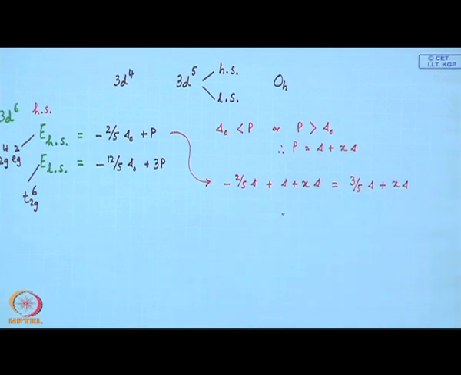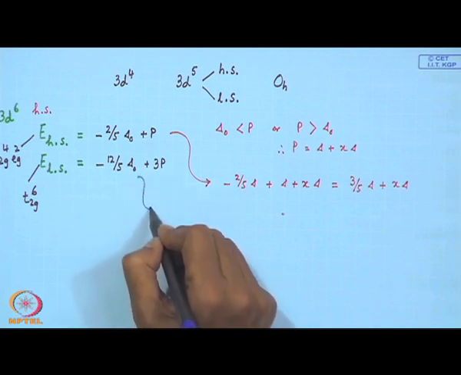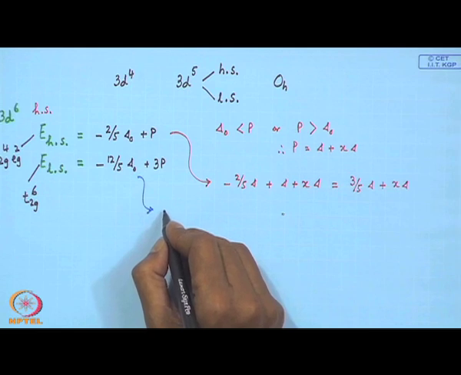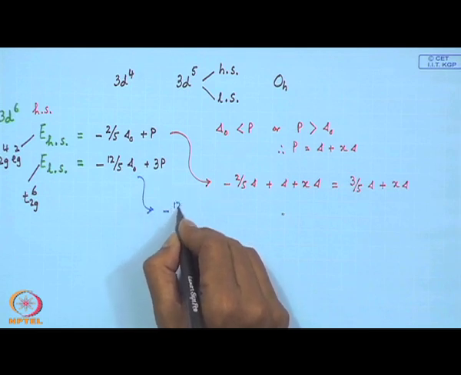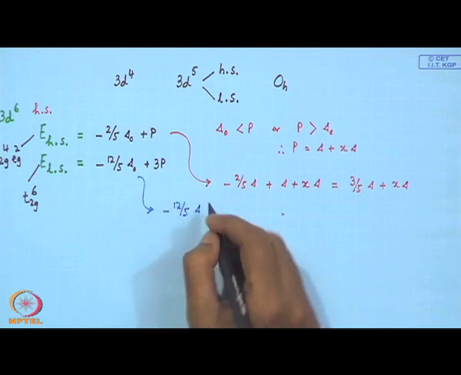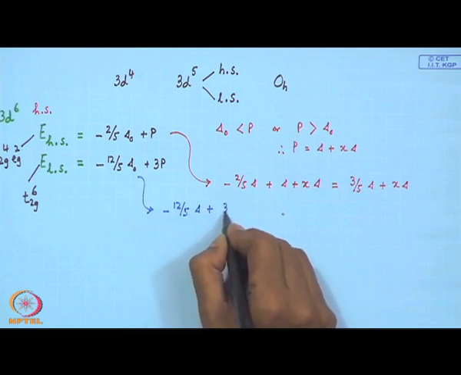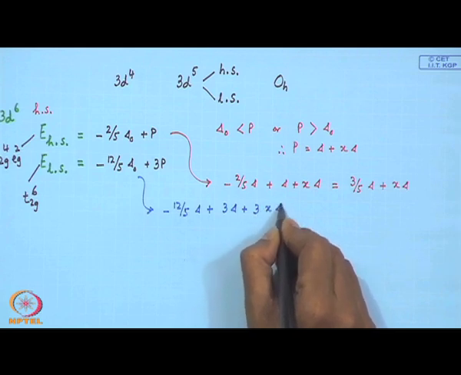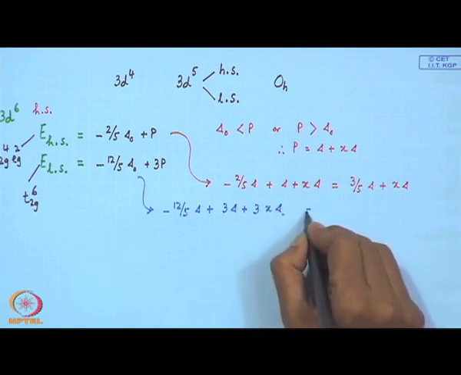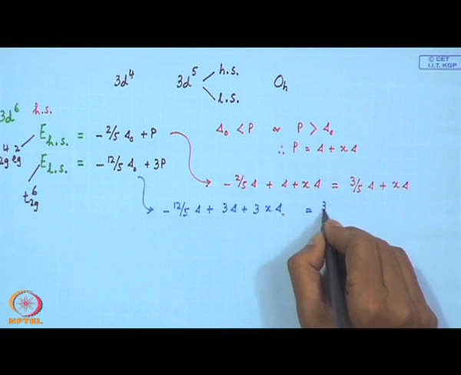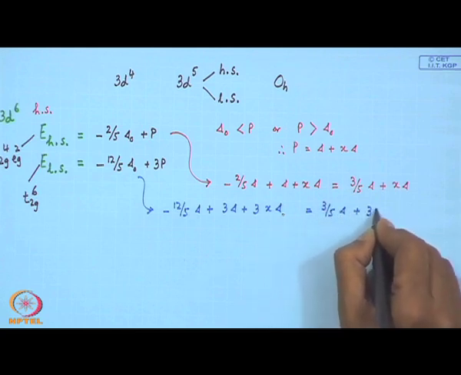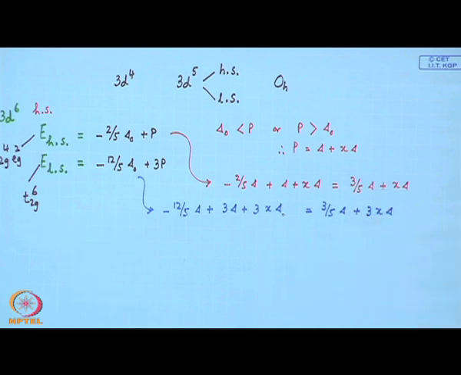Similarly, we can put in the energy for the low spin. So, it will be minus 12/5 delta plus 3 delta plus 3x delta, which is equal to 3/5 delta plus 3x delta.